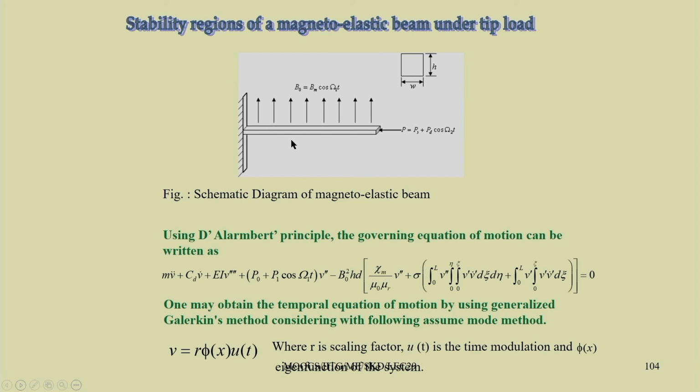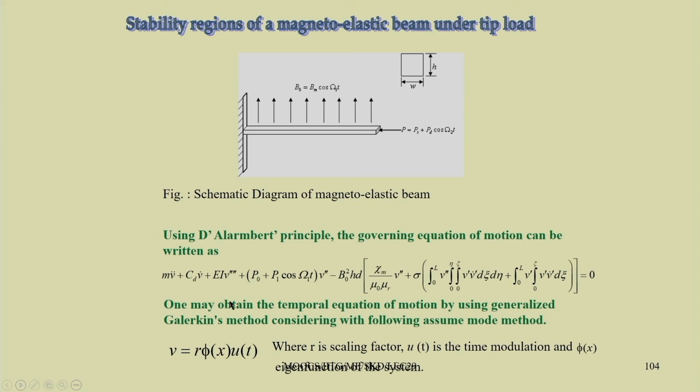If it is made of ferrous material, then by applying a magnetic field we can easily control the stiffness of the beam. In this type of system, for example, let us apply a magnetic field B0 equal to Bm cos omega t and also a load of P equal to Ps plus Pd cos omega t.